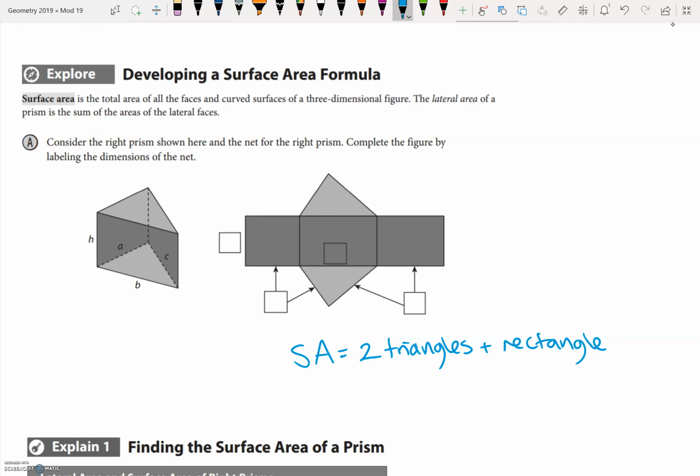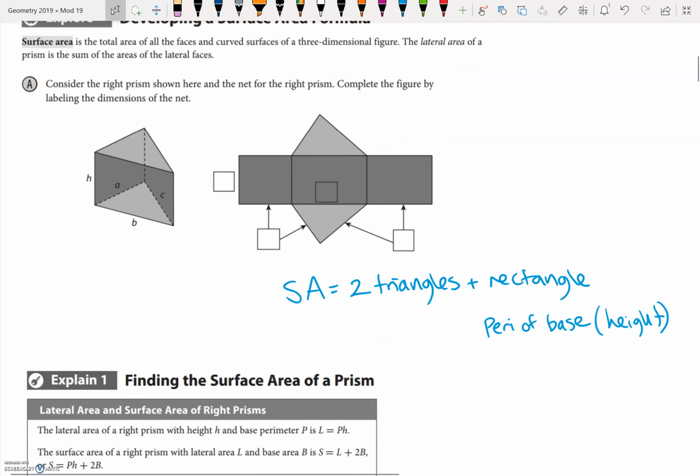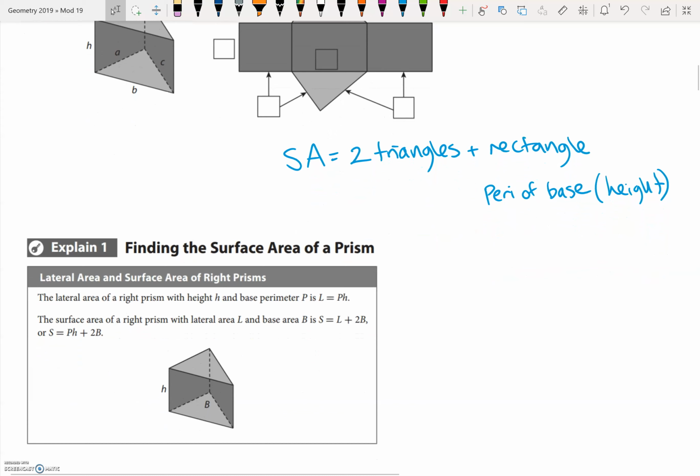Well, the entire dimension is going to be the perimeter of the base, multiplied by the height. And then if we write down what those are together, it is the perimeter times the height plus 2 multiplied by the area of the base.